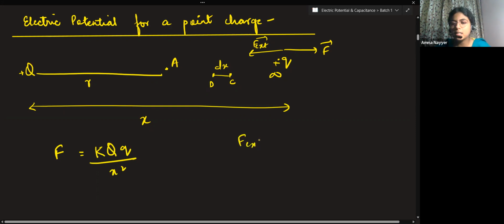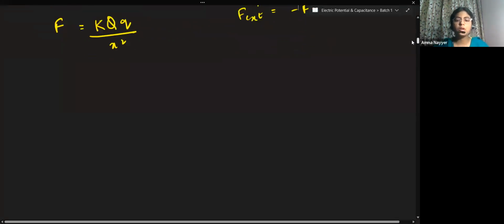And F external is the negative of the force, because both are acting in opposite directions. So your F external, this is KQq by x square.